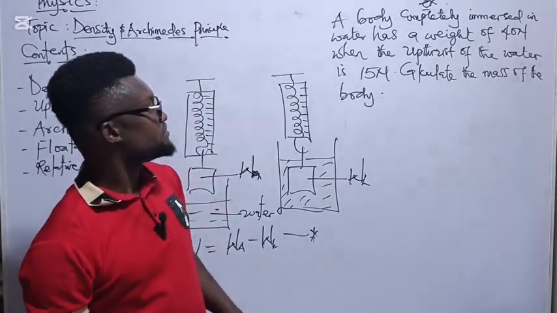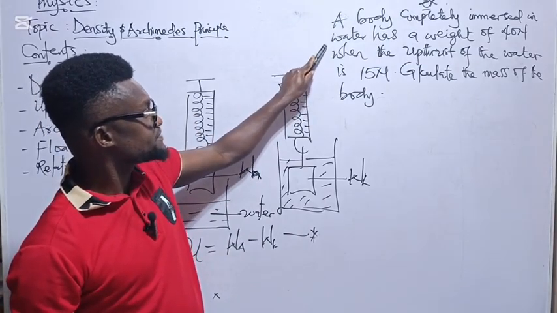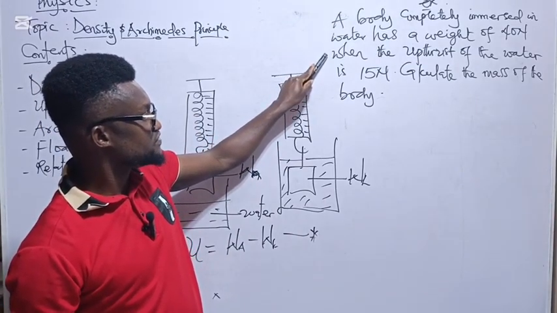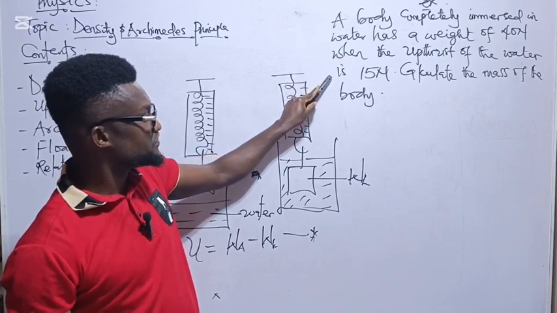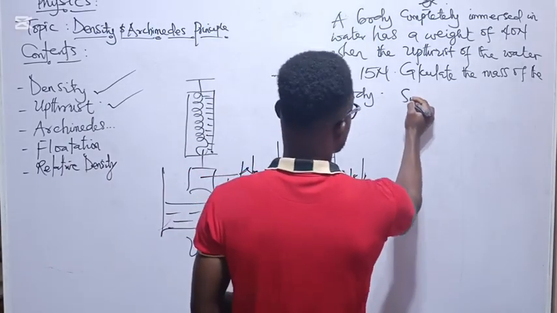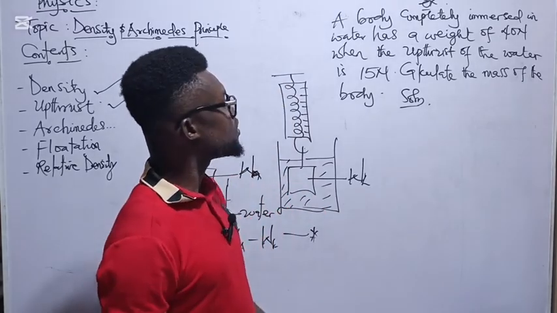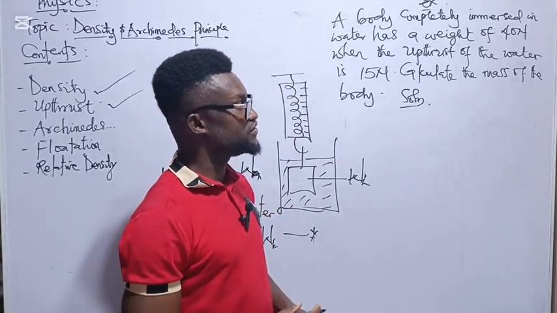Okay, we have a question on the board. It reads, a body completely immersed in water has a weight of 40 Newton. When the upthrust of the water is 15 Newton, calculate the mass of the body. Now, solution to the question. A body completely immersed in water has a weight of 40 Newton.